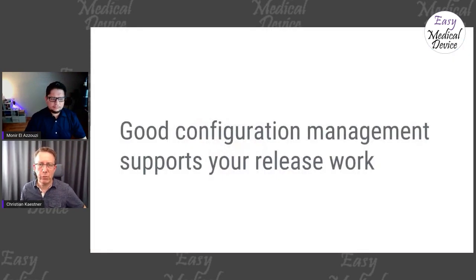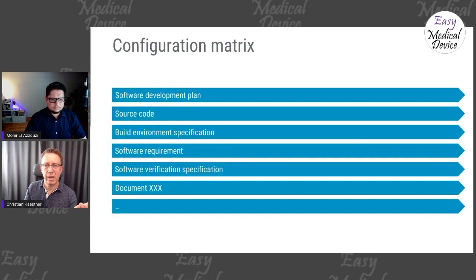I encourage good configuration management to support your release work. Configuration management can be done in different ways, but the mindset you should have is that you have different types of configuration items. That could be documents, source code, the build environment, different things you need to build your software.